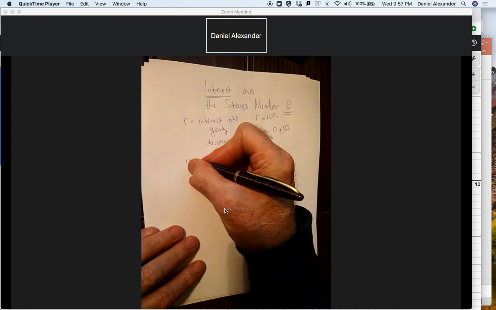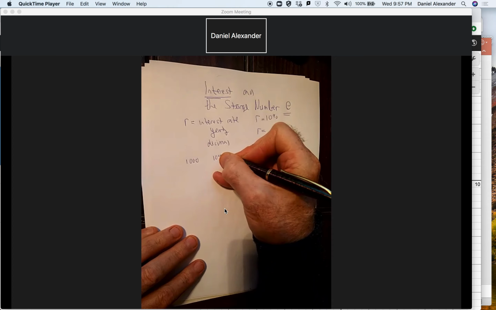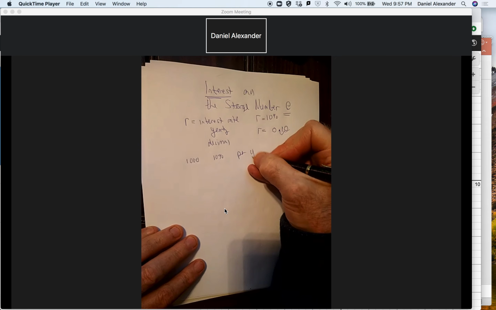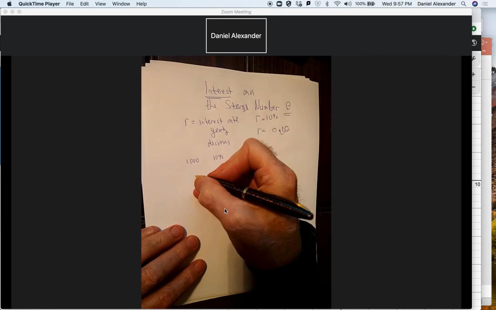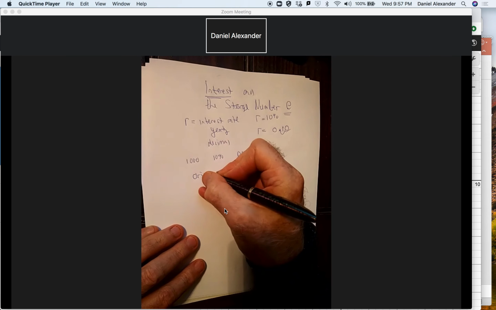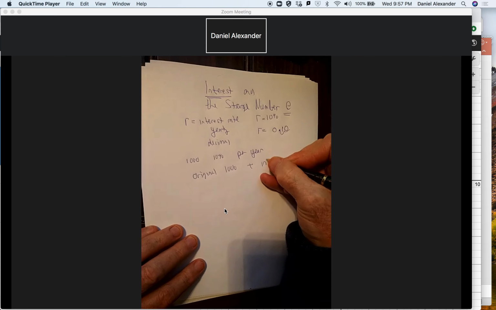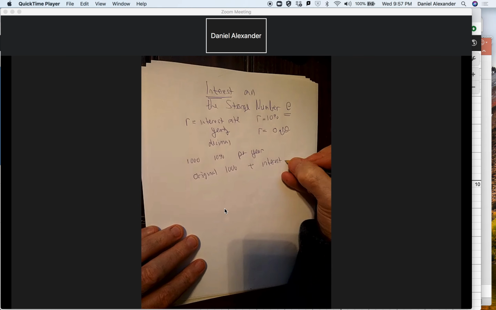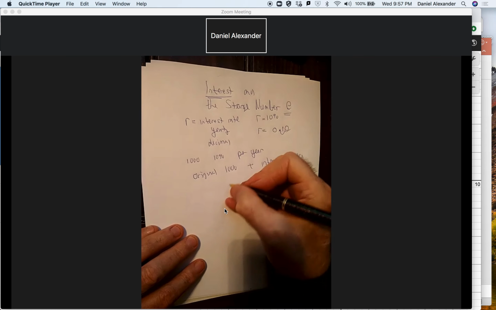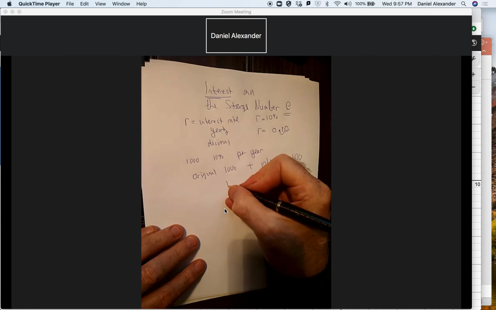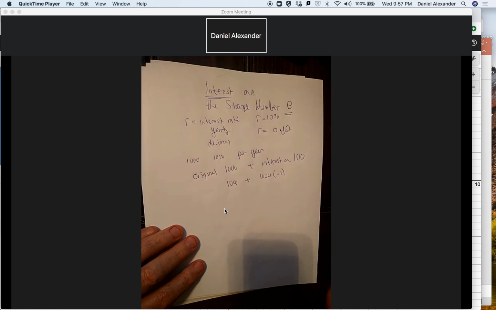So if you had $1,000, 10% per year, here's how much money you would have. You would have your original 1,000 plus your interest on the 1,000. That would be 1,000 plus 1,000 times 0.1. So that would be another $100.